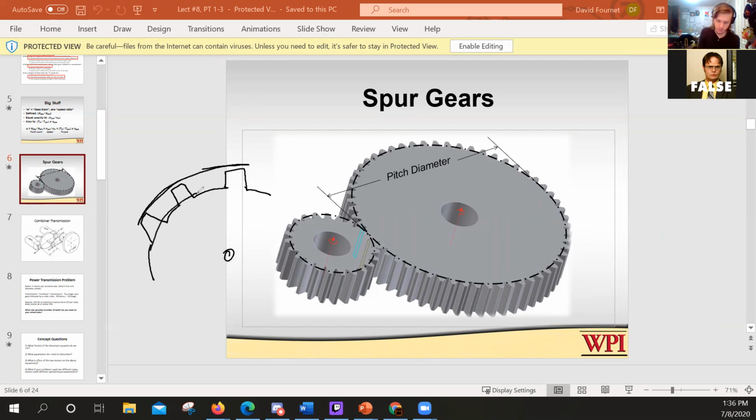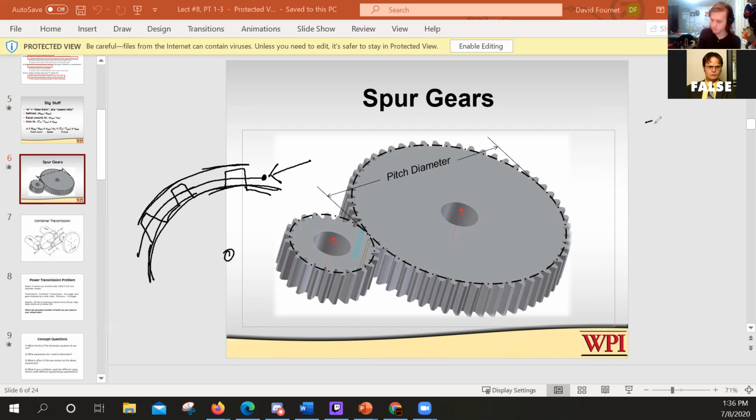There's the inner diameter, which is at the base of the teeth. And then there's the pitch diameter, which is between the two, okay? So the pitch diameter here is what matters for what we're doing, which is basically gearing. And the reason why it matters for what we're doing is because that's within the mesh space.